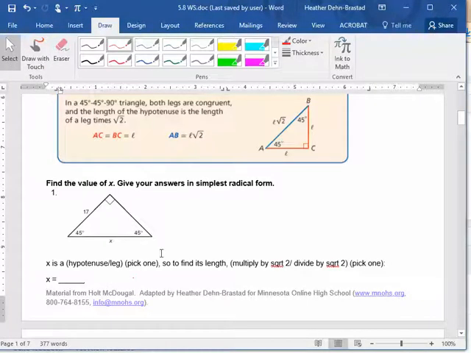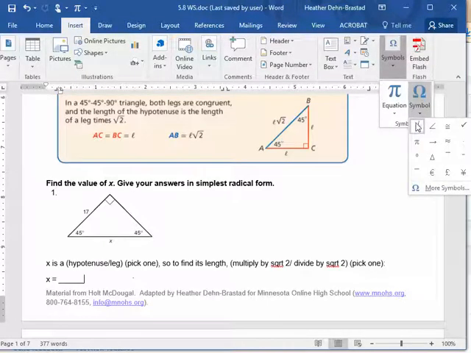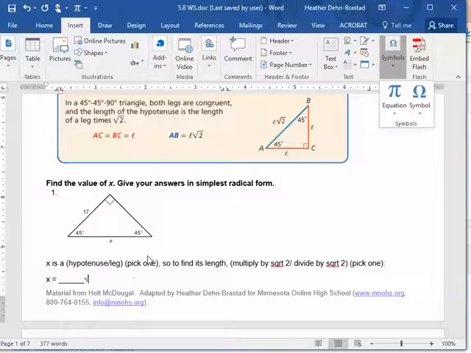If I wanted to write the answer here, it would look like square root of, whatever times the square root of 2. There we go. So you still have to fill in what would be times the square root of 2. That's one way to do it, or like I said, you can just type SQRT for square root.